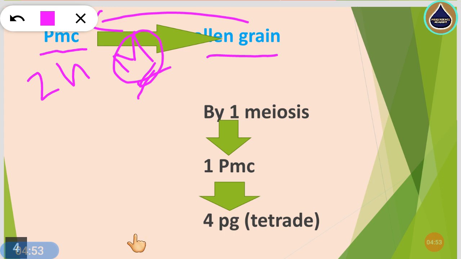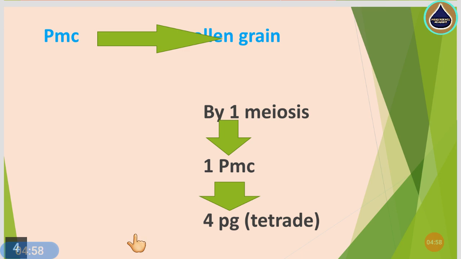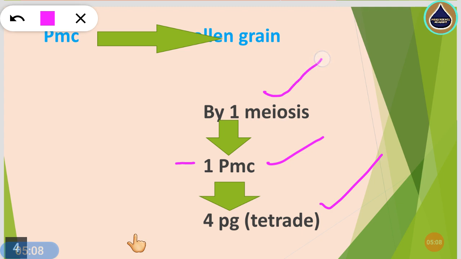Now we'll see the calculation for this pollen mother cell. One pollen mother cell, by one meiosis type of cell division, converts into 4 pollen grains. I hope you are understanding. This pollen mother cell, by one meiotic cell division, converts into 4 pollen grains.